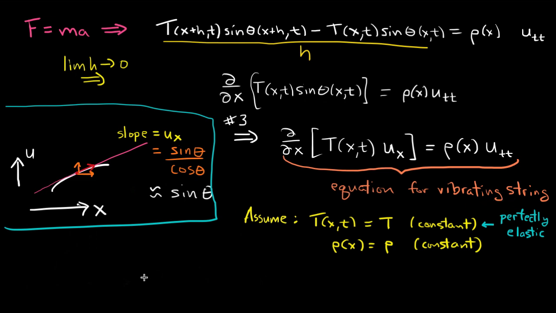So let's just write that down, just so we conclude our argument. T is constant. Therefore, the T can come out of this partial derivative. The left-hand side becomes T u_xx. Partial derivative with respect to x of u_x is u_xx. And that is equal to rho times u_tt.